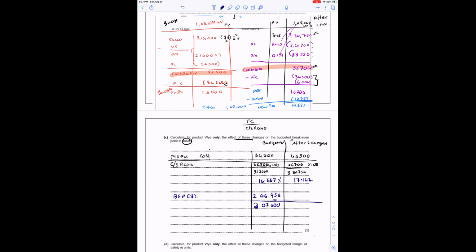Over here, break-even point in dollar would be fixed cost, that is 40,500 divided by 17.142 percentage. So I am getting 2,36,261.81. So we'll round it off to 2,36,260.